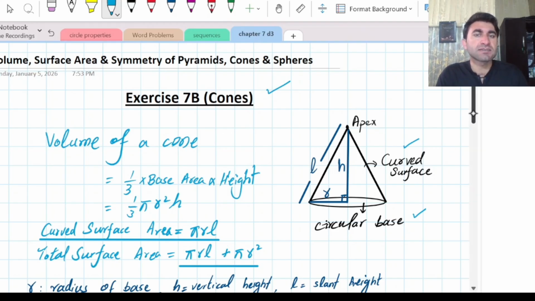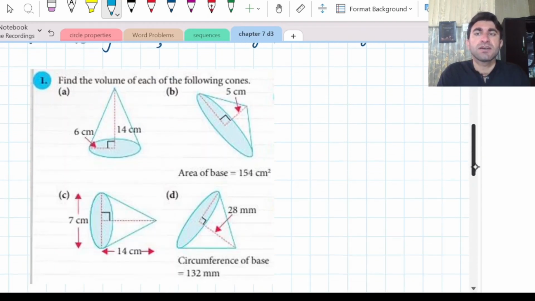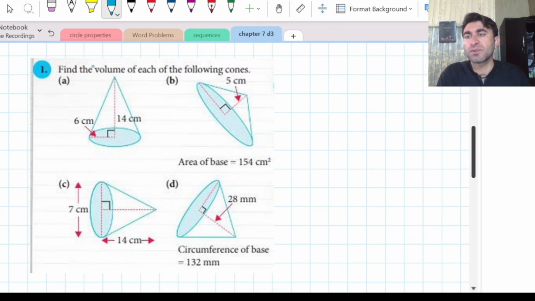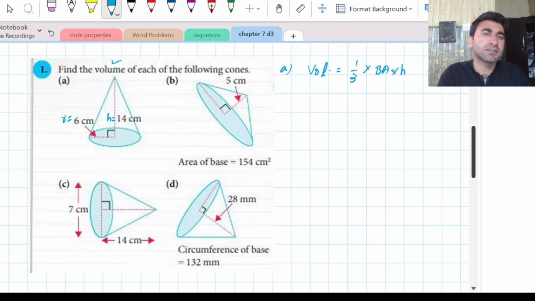Now let us start exercise 7b from question number 1, and question number 1 has four parts. It states: find volume of each of the following cones. In part A, as we see, we are given the radius which equals 6 centimeter and vertical height h equals 14 centimeter. So the volume, we know the formula for volume is 1 upon 3 multiplied by base area multiplied by height.